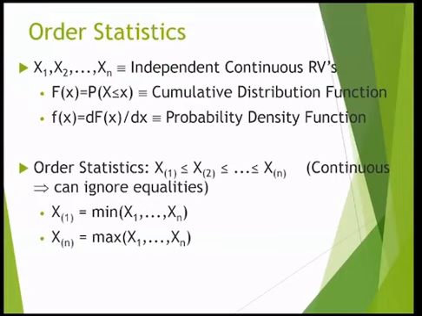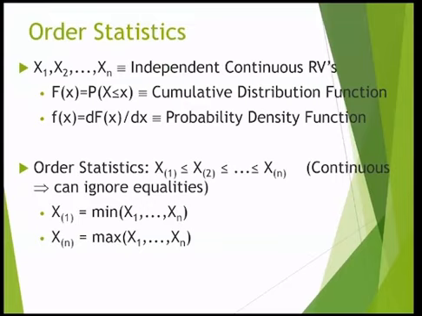Now this is what we want to do. We basically need the probability distribution of the smallest, of the largest, of the median, of the range, and so on. What I'm trying to get here is the probability distribution.